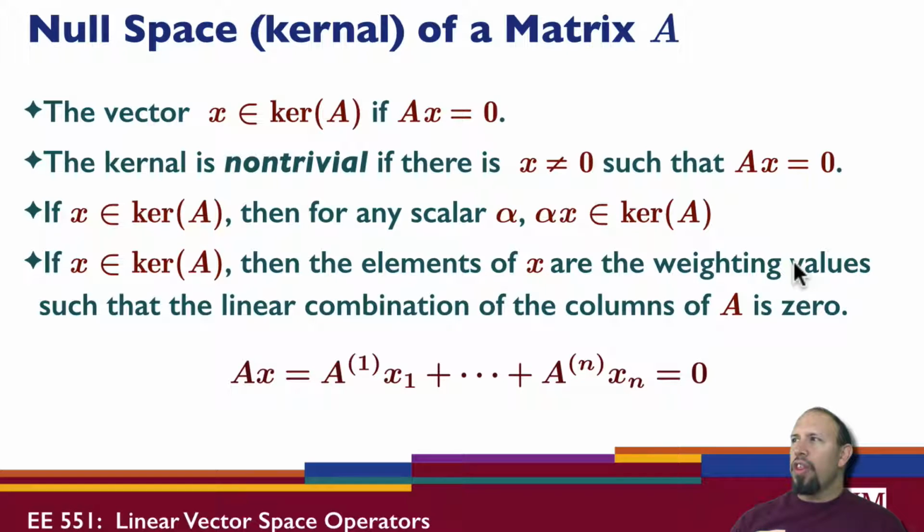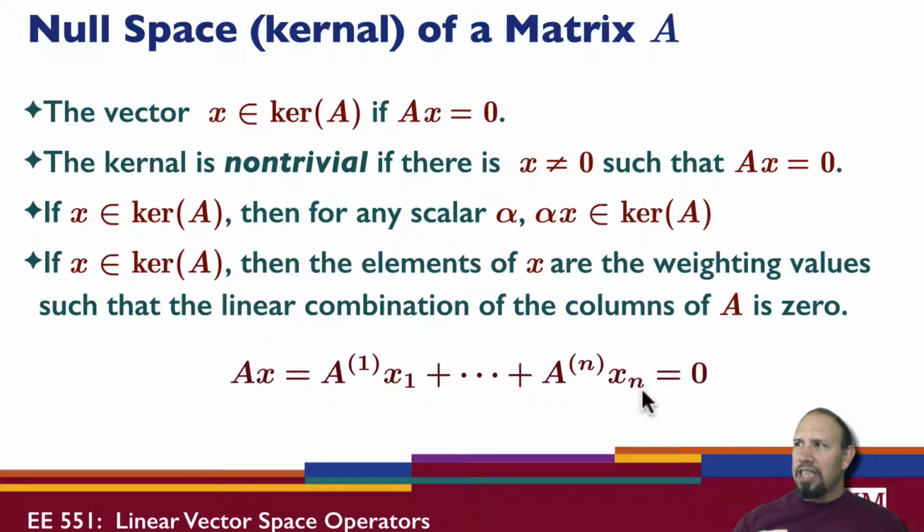The elements of x are the weighting values such that the linear combination of the columns of A is 0. So A times x can be written out this way, where A1 is the first column of A, An is the nth column of A, and here I have a linear combination of the columns of A. Ax equal to 0 means that this linear combination is equal to 0, which means the columns are dependent.